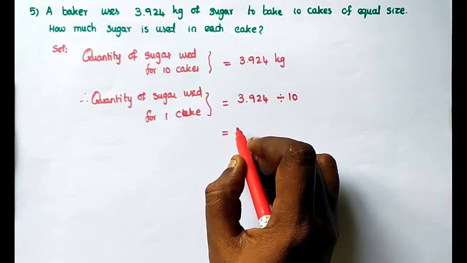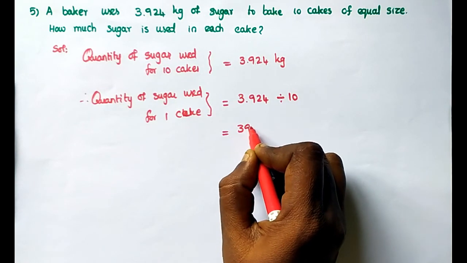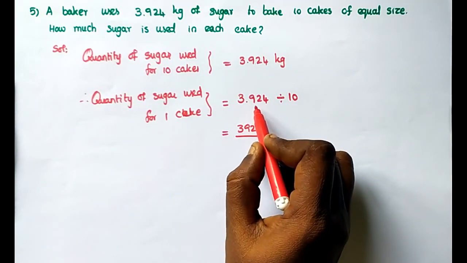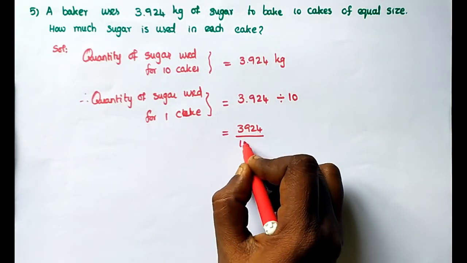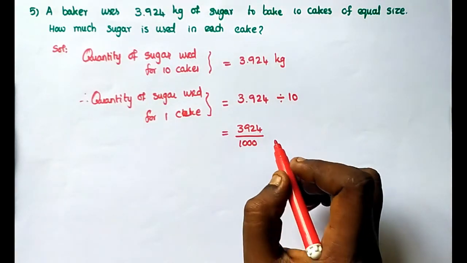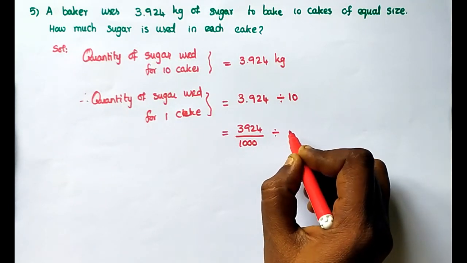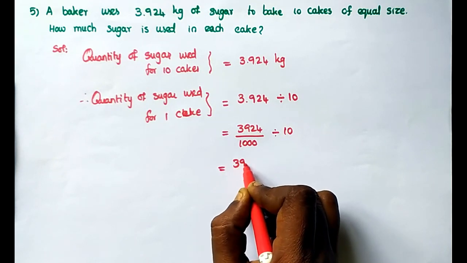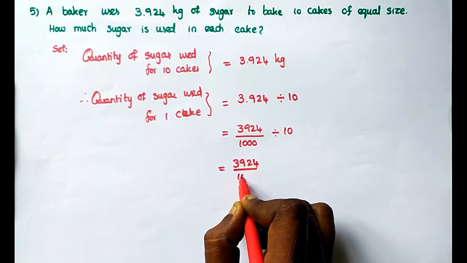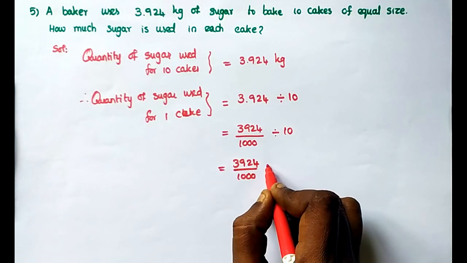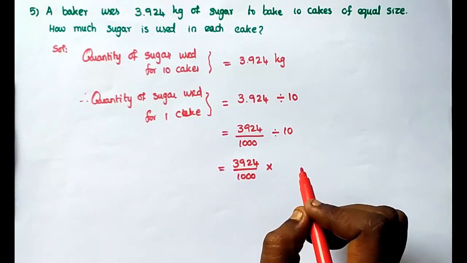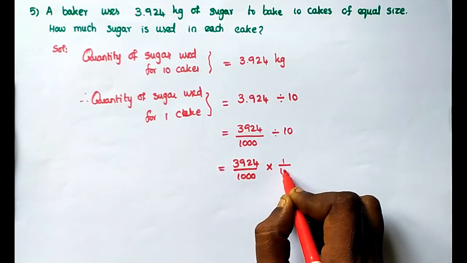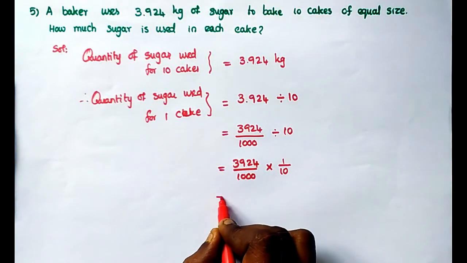First change into fraction. 3924 divided by, after the decimal point 3 digits are there, so divided by 1000. Here also divided by 10, and then 3924 divided by 1000. We have to convert into multiplication, take reciprocal for that. So that is 1 by 10.